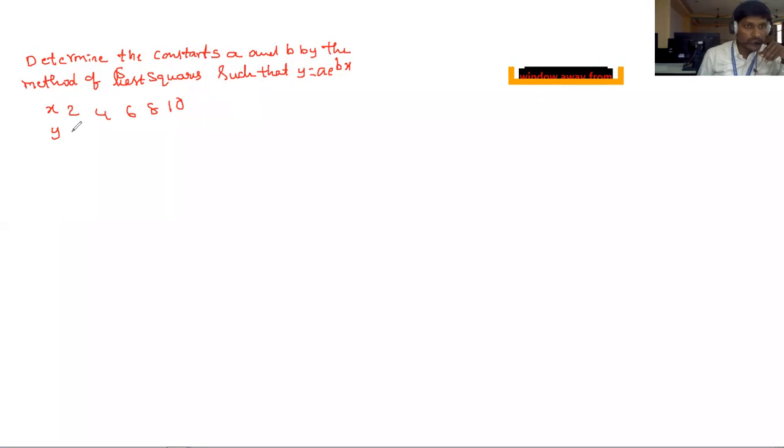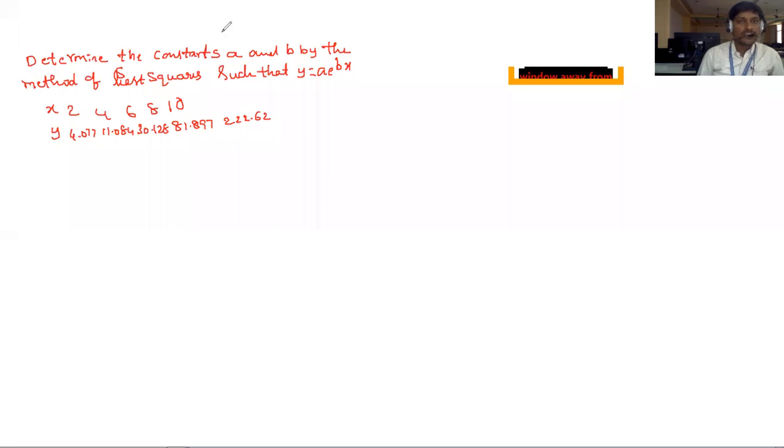And next y values coming to here: 4.077, 11.084, and next one 30.128, and next 81.897 and 222.62. Okay, so this is the data they give.